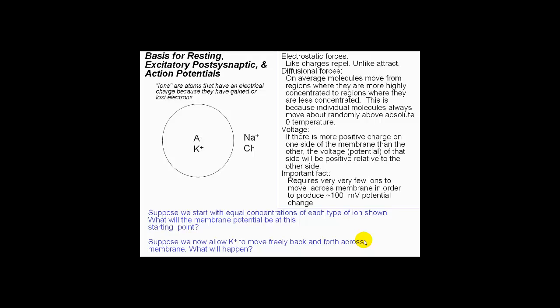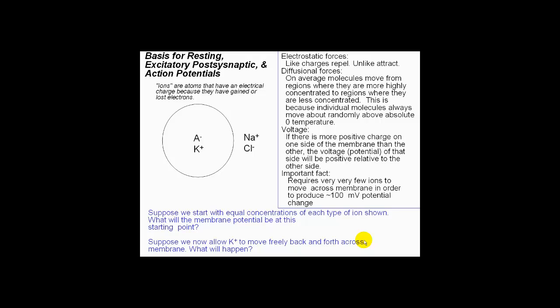Suppose we have a situation. Oh, sorry, I guess I told you this. I told you that some of the ions that are important to the functioning of nerve cells are sodium, chloride, potassium, and these large organic ions which have a negative charge, which are usually referred to as A-.